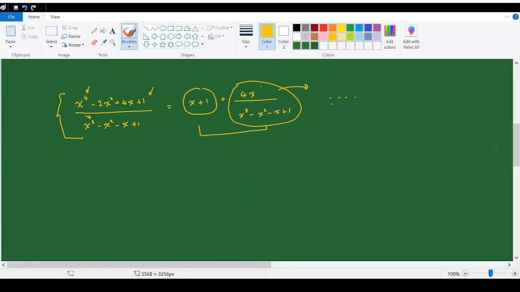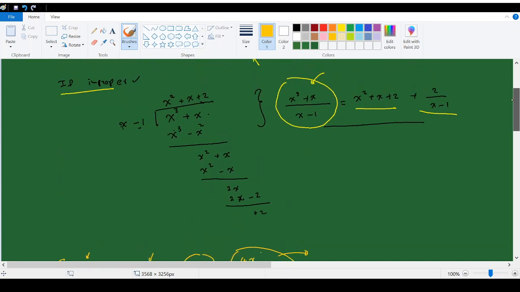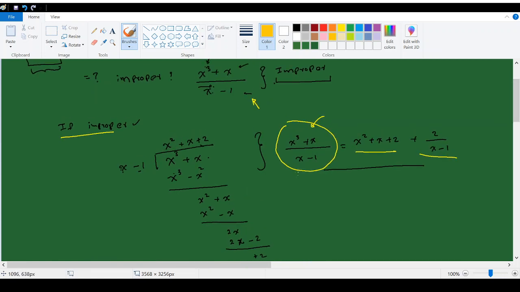I'll explain it later, but what I want to highlight here is that doing the long division may not be enough to compute partial fractions, but sometimes in cases like the earlier one, it was the only thing required to find the partial fractions. In order to find the partial fractions, we only did the long division, right?